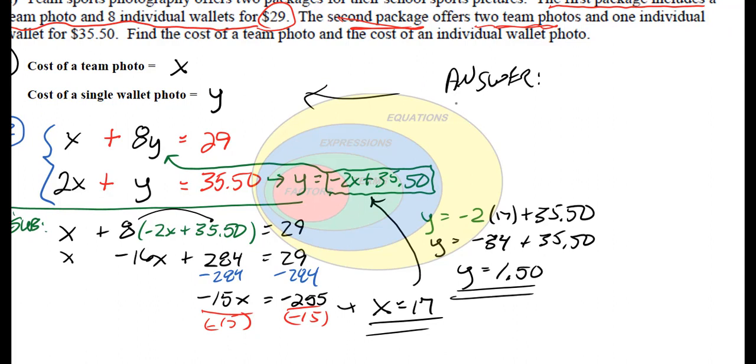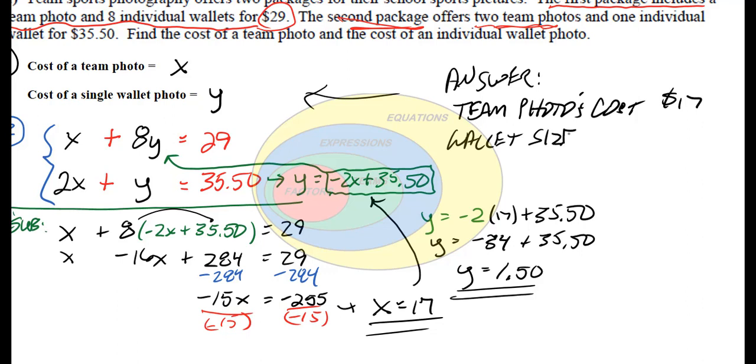So team photos cost $17 each, and then wallet size photos, oops, can't spell, cost, and 1.50 would be $1.50 each.